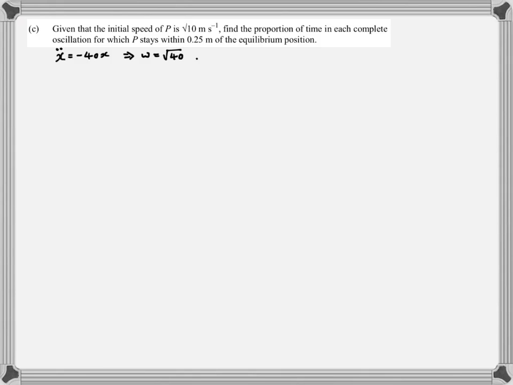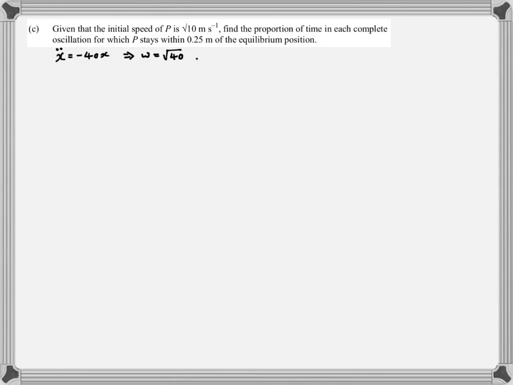I could find an expression for the displacement, i.e. something like x equals a sine omega t, and work for that. Alternatively, I could work on the associated circular motion, which is my preferred method. Regardless of which I do, I'm actually going to need the amplitude of this motion.